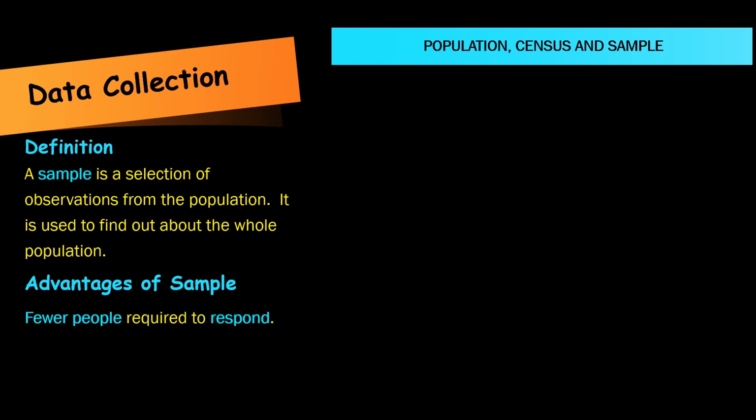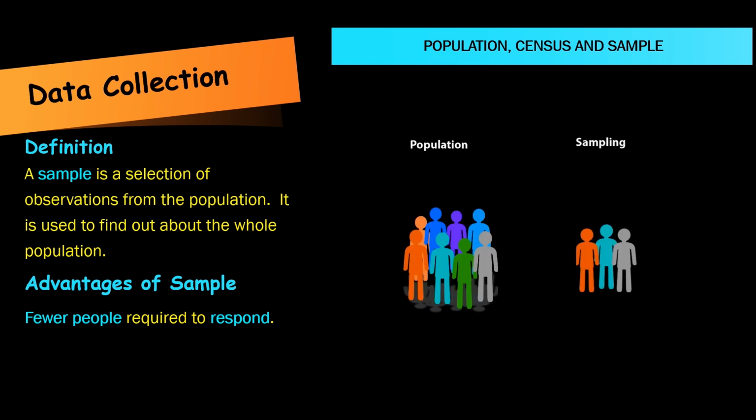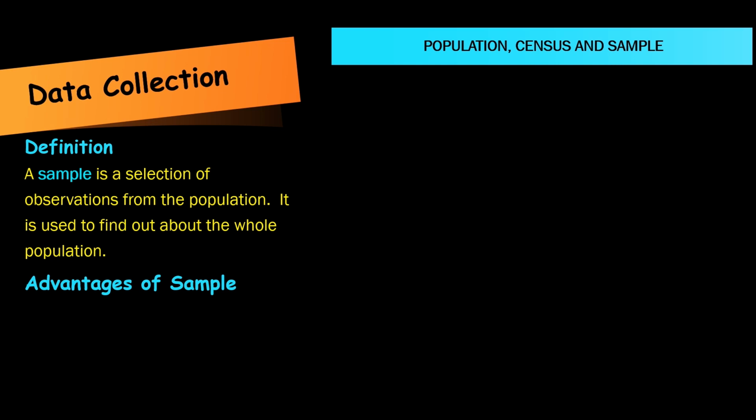There are fewer people required to respond. So notice in a population we've got everybody who's required to respond, and in sampling we're only required to ask a few. There's also less data to process than in a census.